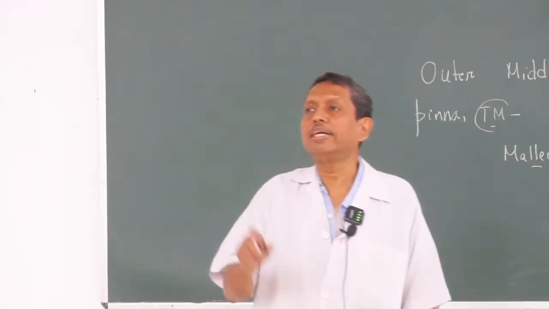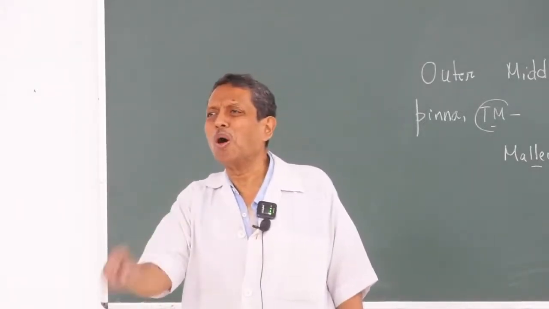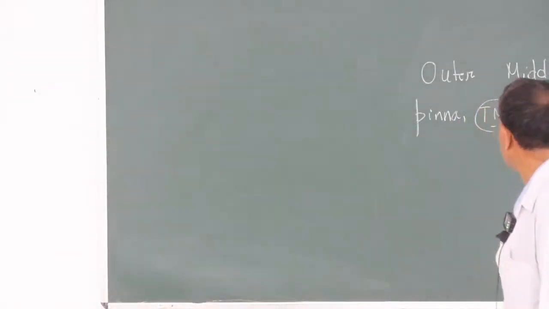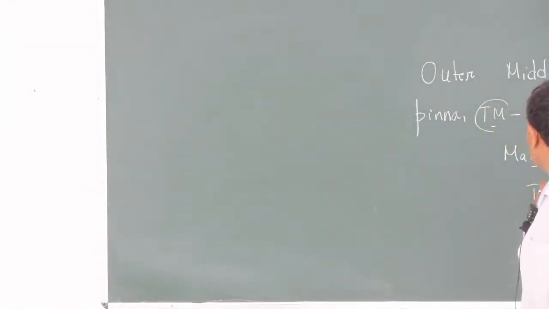The middle ear contains two small muscles, tensor tympani, supplied by the fifth nerve, and stapedius, by the facial nerve.